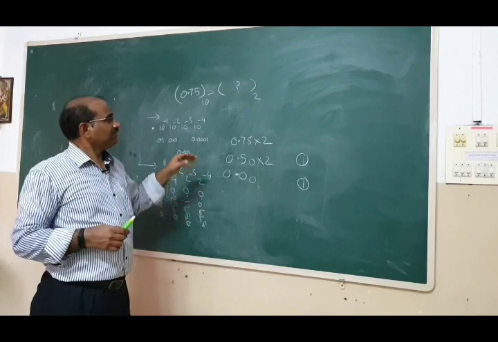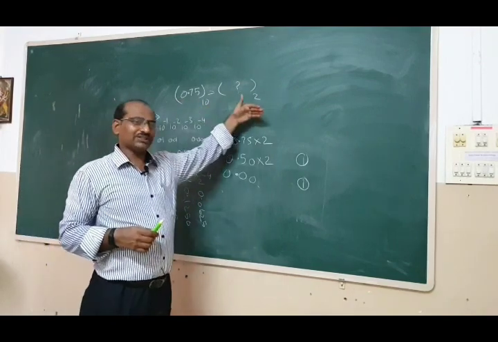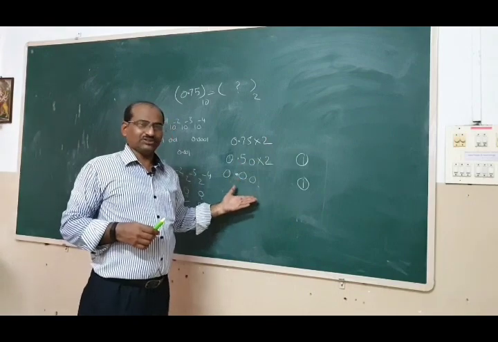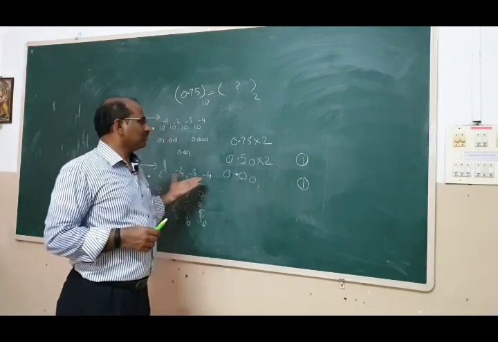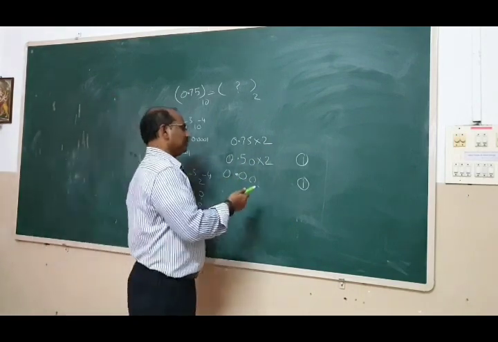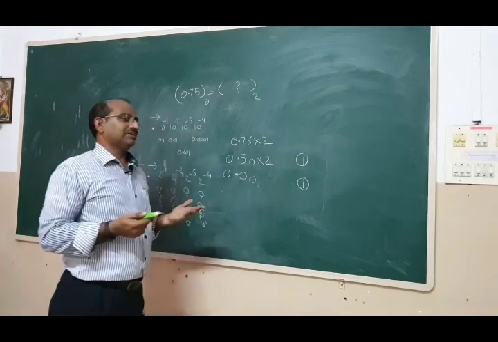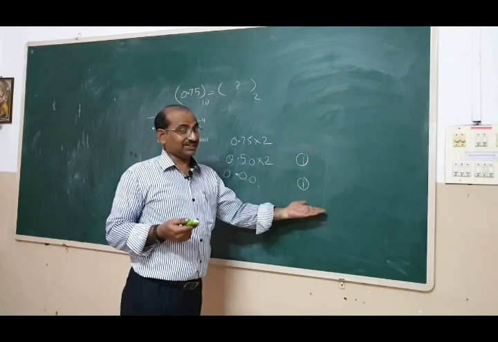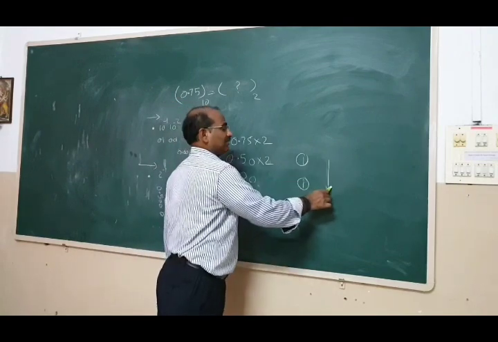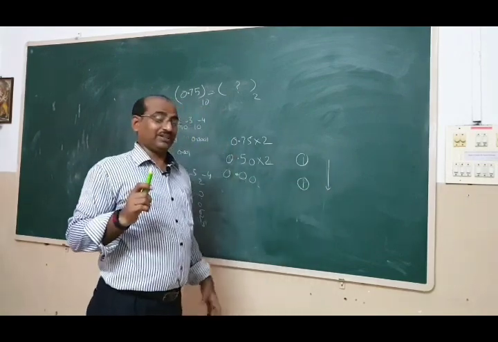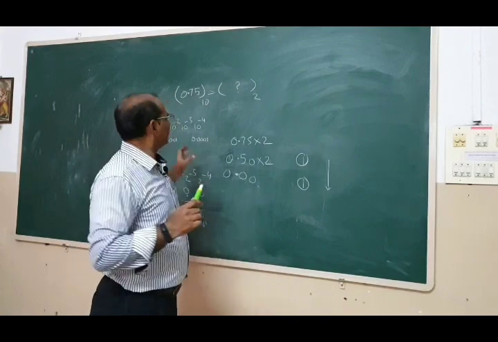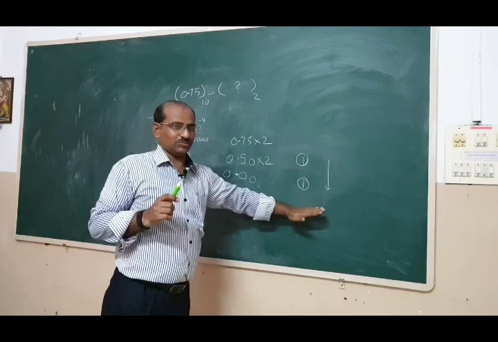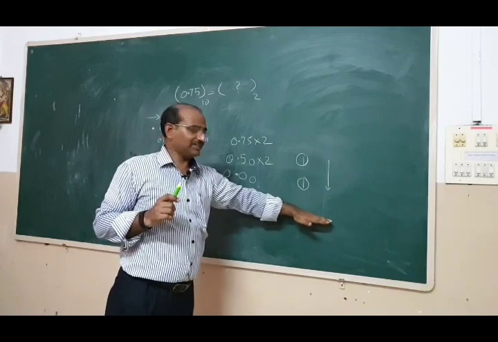This is the thing. We do one example in that manner also, that means one which will not terminate to 0 very easily. So how to write the answer? Earlier the most significant bit is the bottom one. Here this is the top one. For numbers we write the most significant bit at the bottom.